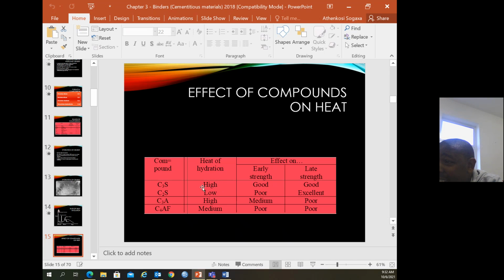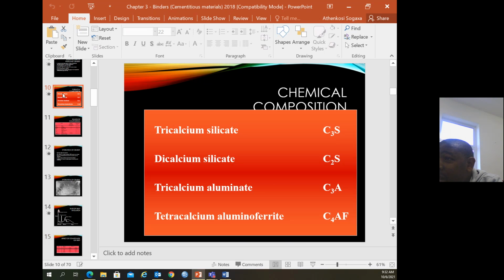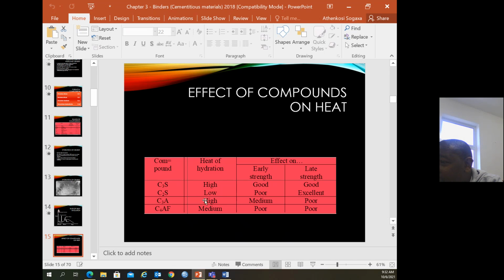In dicalcium silicate there is a low heat. Then tricalcium aluminate gives you a high heat, and C4AF gives you a medium one.